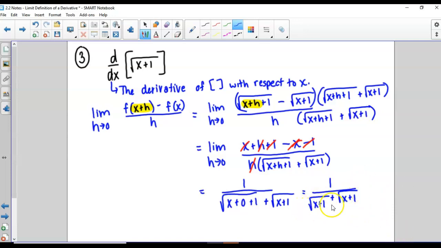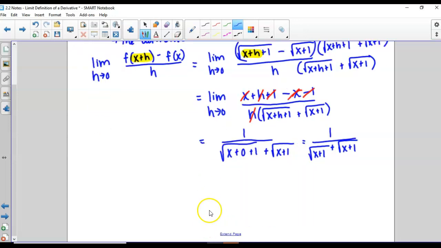And what do we get when we do the square root of x plus 1 plus the square root of x plus 1? Yes, it is 2 times the square root of x plus 1. A lot like if you add x and x, you would get 2x.